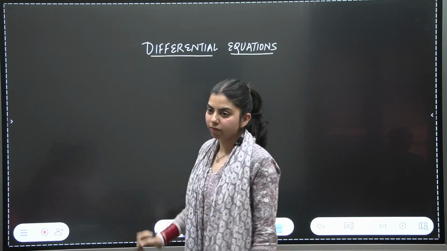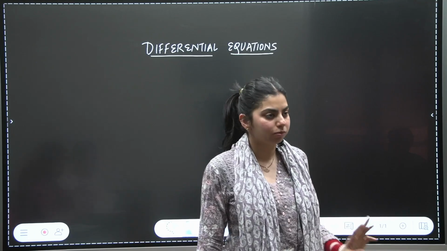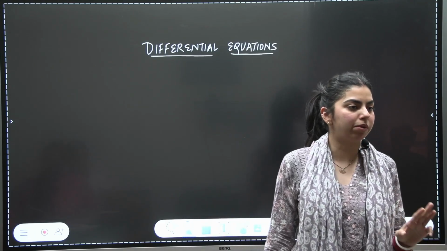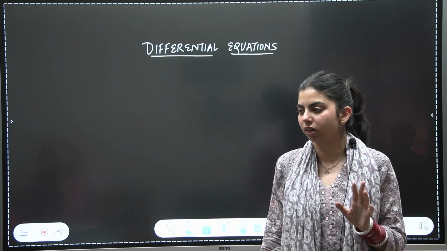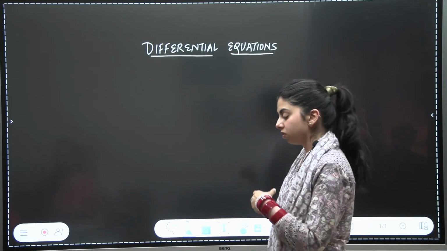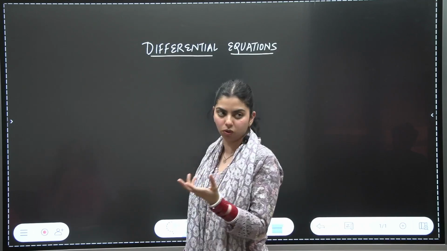For differential equations, we need three types of primary differential equations that we'll be dealing with. When I say differential equation, first let's come to what a differential equation looks like.